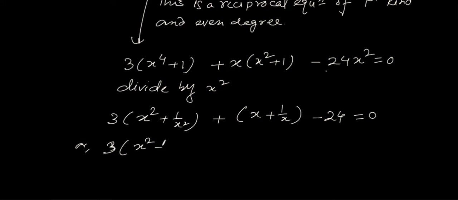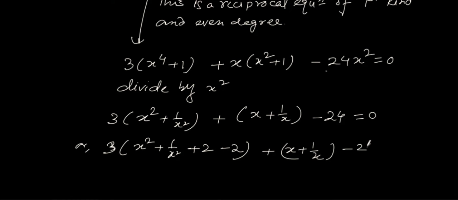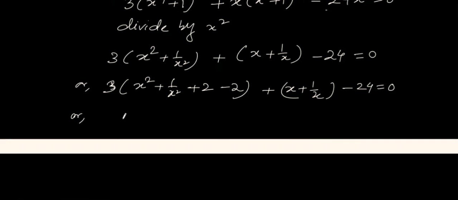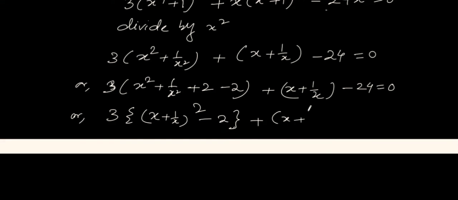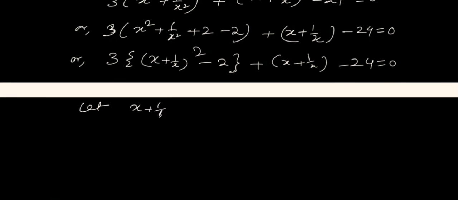So for that, x square plus 1 by x square, now plus 2 and then minus 2, plus x plus 1 by x minus 24 equals 0, or 3 times x plus 1 by x whole square minus 2, plus x plus 1 by x minus 24 equals 0. Let x plus 1 by x equal t.